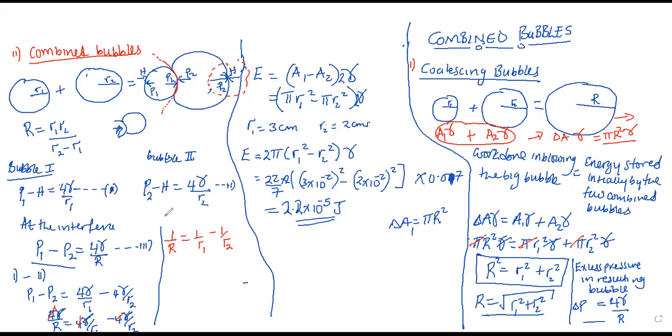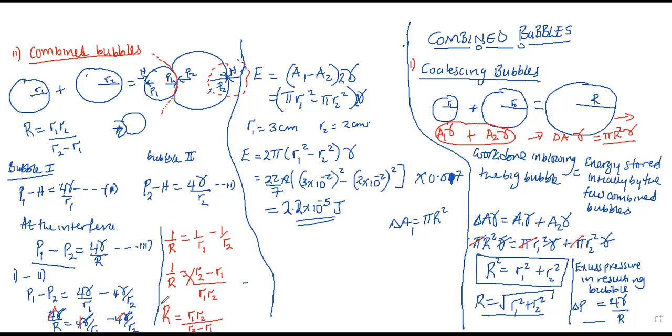When you simplify this, you're going to attain 1 over big R is equal to, when you cross multiply, R2 minus R1 divided by R1 R2. On cross multiplication, we can make big R the subject, which is R1 R2 over R2 minus R1.